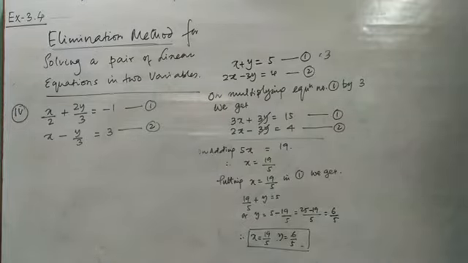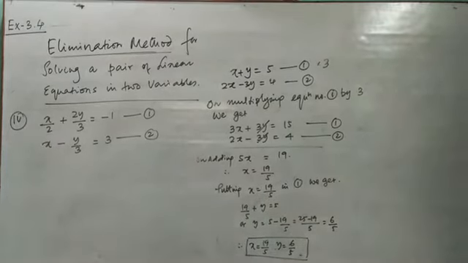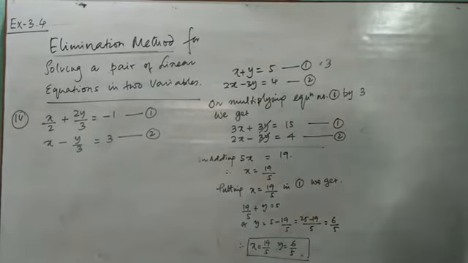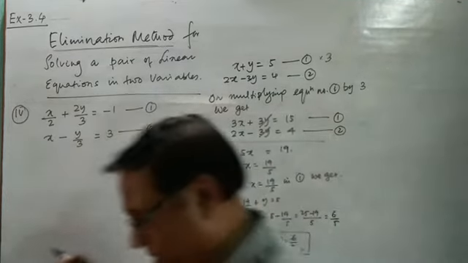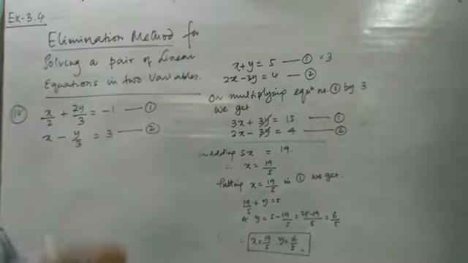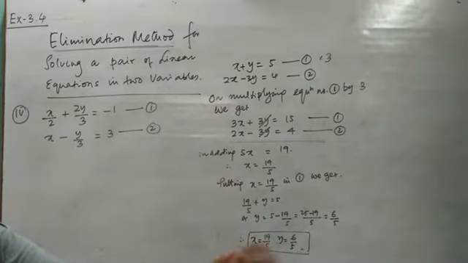Now first by substitution method we will try to solve it. In substitution method the very first work of ours is either we will express x in terms of y in one equation or y in terms of x in the second equation. Now whatever value we are finding, we will substitute it in the second equation.